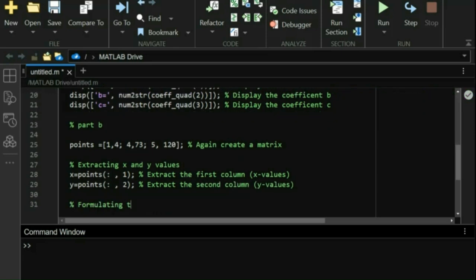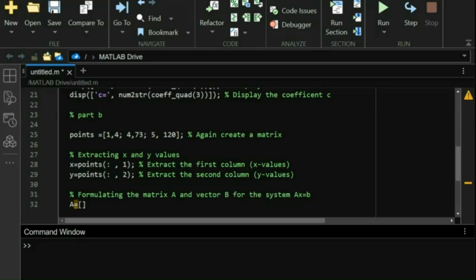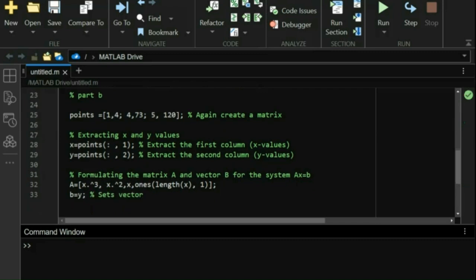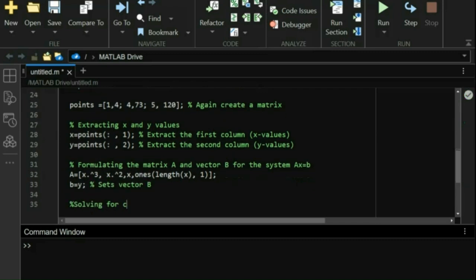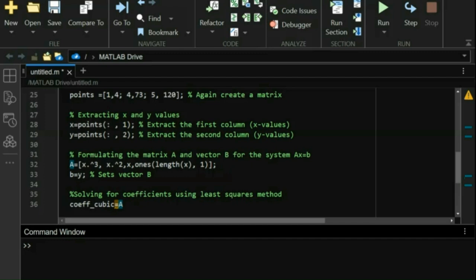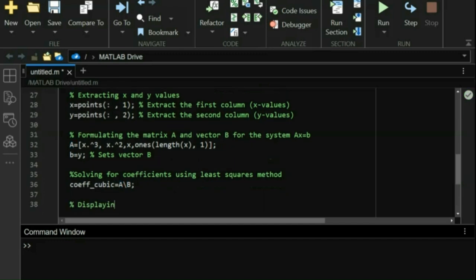Formulating the matrix A and vector B for the system AX = B. We'll solve for the coefficients using the least squares method. Let's display the coefficients.